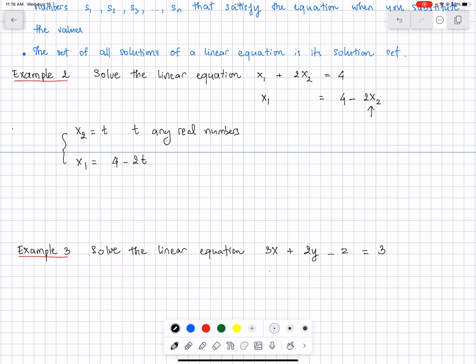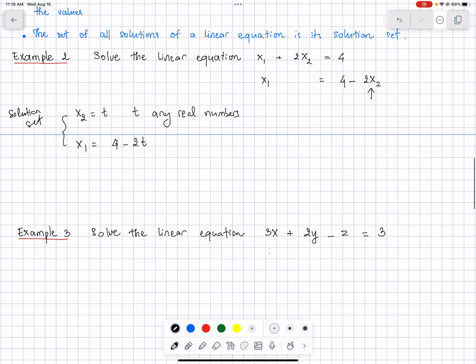This is the solution set. To get a particular solution, we just let t be any number. For example, if I let t equal 1, then x2 is 1 and x1 is 4 minus 2 times 1, which gives 2.